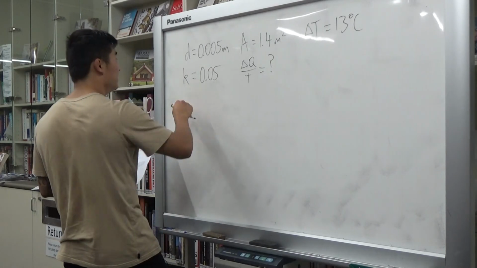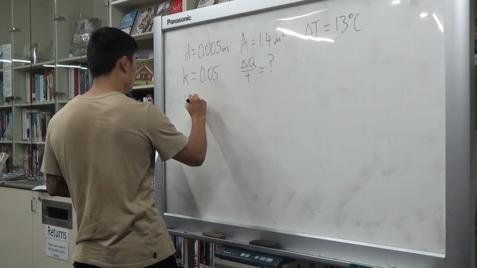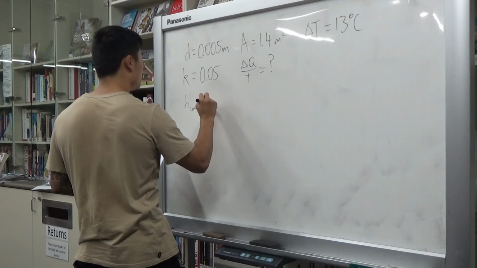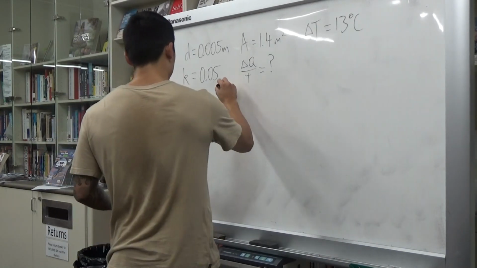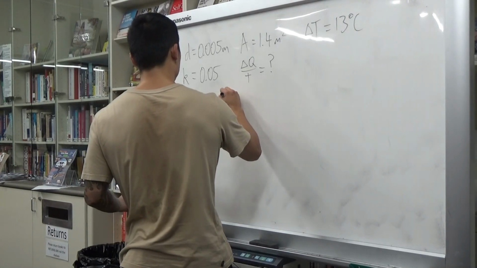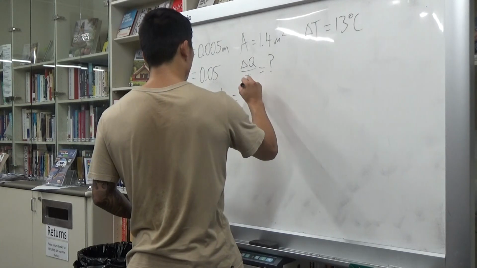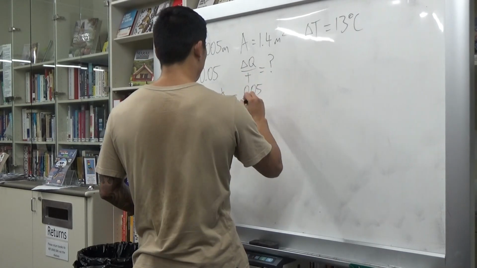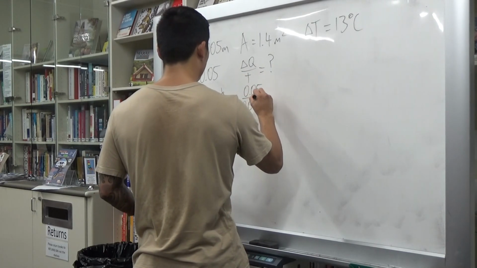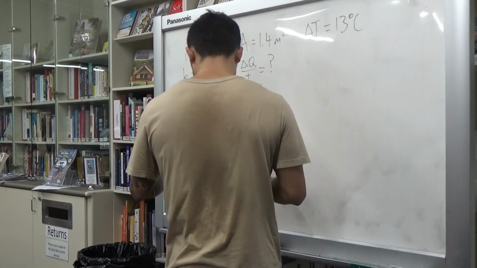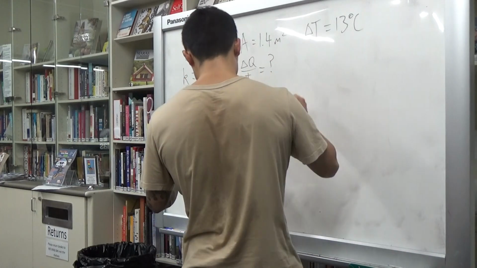So we need to find H of conduction. So H of conduction is equal to K over D. And so K was 0.05 and D is 0.005, which is 10.